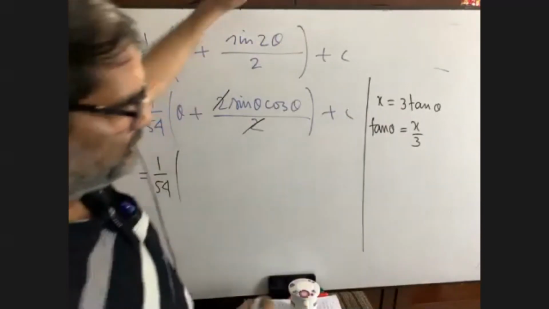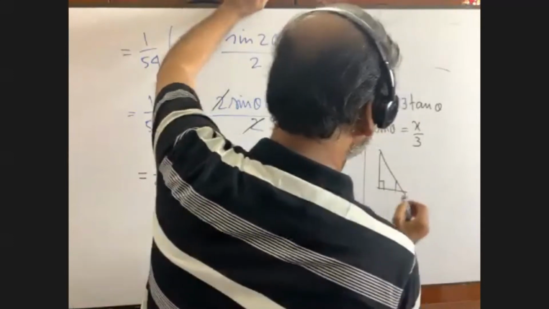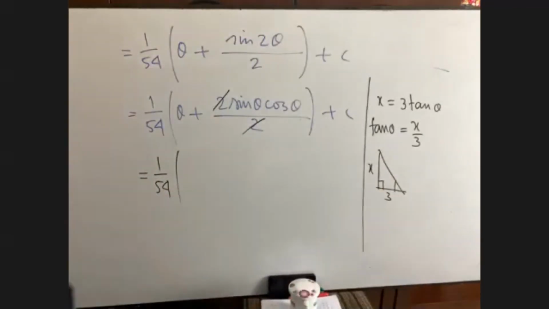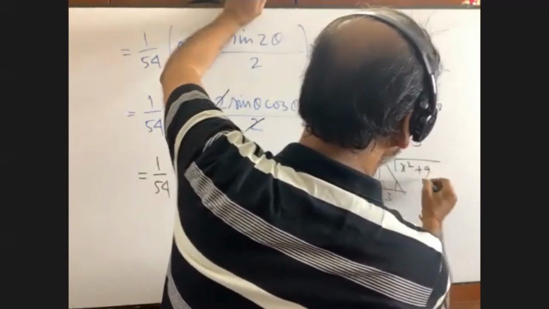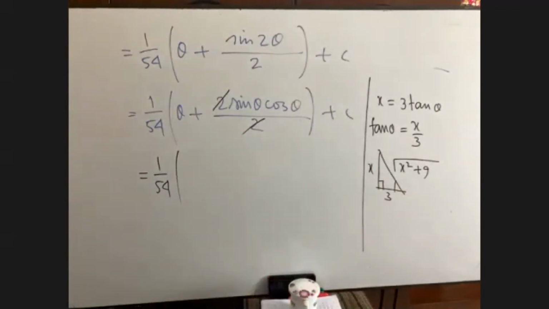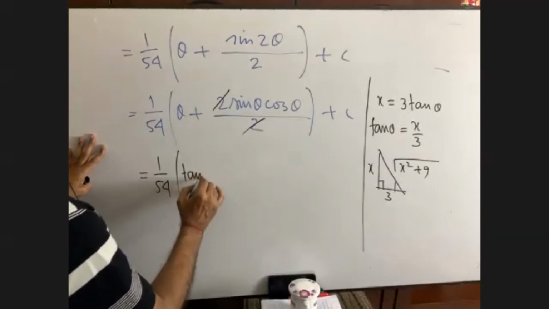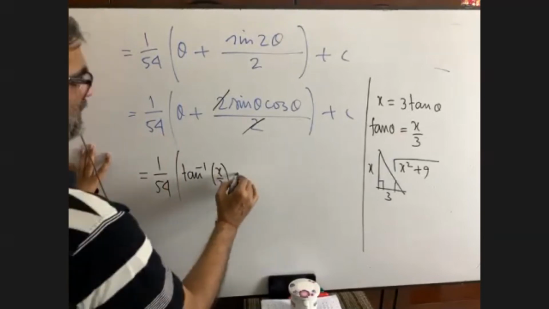Okay. Now you see tan theta is perpendicular by base. So we are getting hypotenuse as square root of x square plus 9. Now what is theta? Theta equals to tan inverse x by 3. So we can write down tan inverse x by 3 plus sin theta.